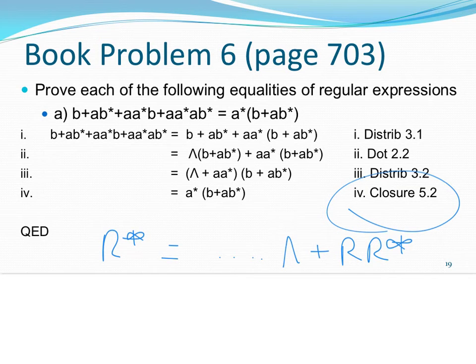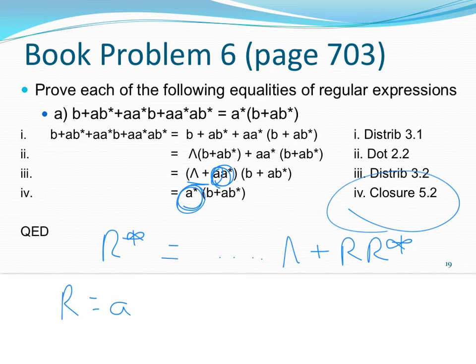Right? So if we say that our R is just the symbol A here, then you can see we've got R star here plus lambda, and down in the bottom we've just converted it to R star.